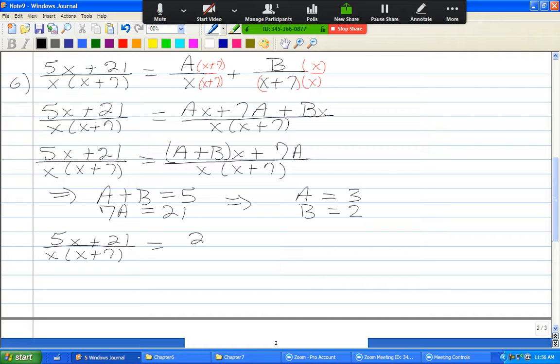It's now in the form, I'm sorry, that a was 3. 3 over x plus 2 over x plus 7. And actually, we should have done this before, this would have helped us when graphing rational functions, because then that would have given us the asymptotic behavior of each of these.